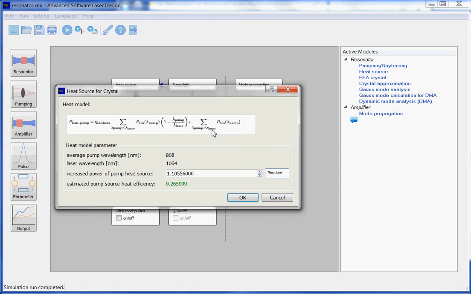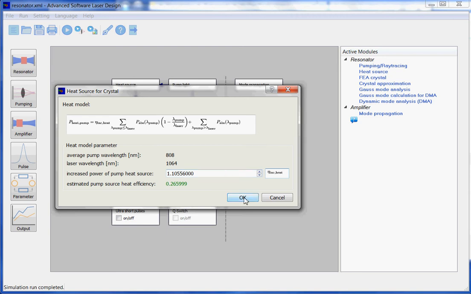And this heat source model in particular is more important and more accurate when you have a flashlight. In case of a diode light, it will lead to a very similar result, and in both cases you need an additional factor increased pump power of heat source, because it's not exactly known which part of the light really leads exactly to heat and which leads to lasing.